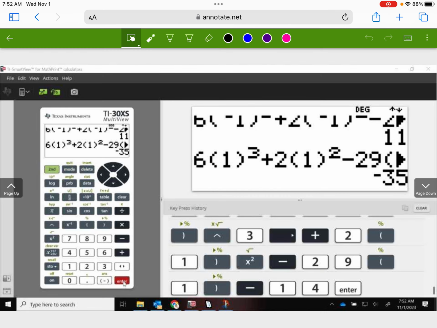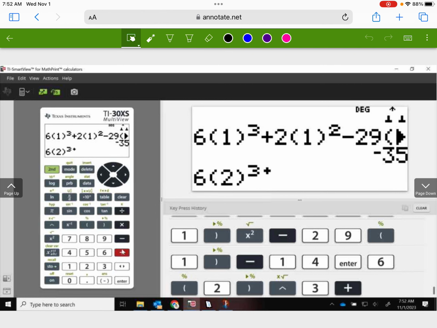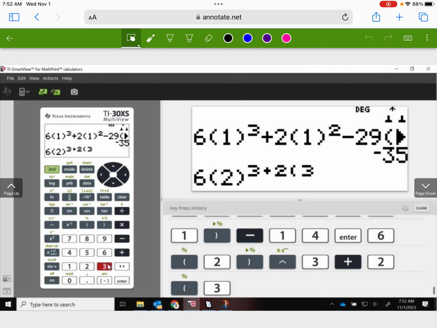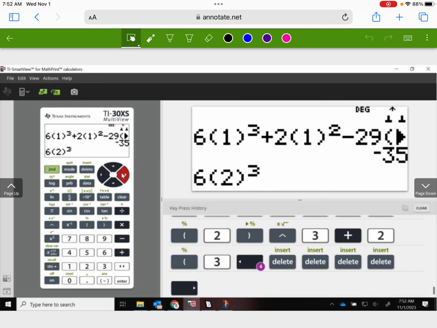And we're going to do +2. Oop. We gotta make sure we get out of the exponent, because I just put a whole bunch of stuff in an exponent there. 6 times 2 cubed plus 2 times 2.